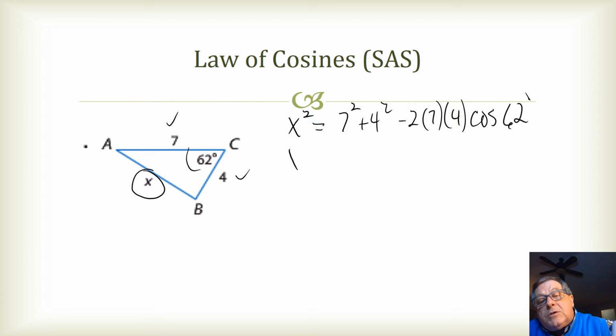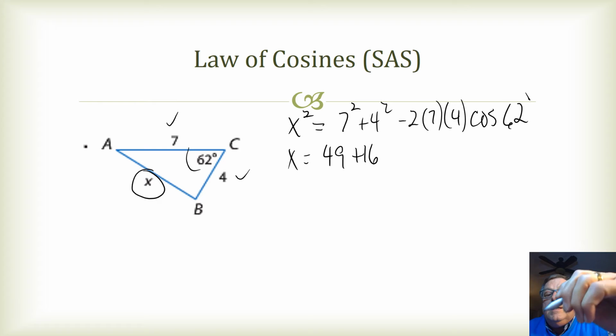So let's see then, x squared is equal to 7 squared, which is 49, plus 4 squared, which is 16. Negative 2 times 7 is negative 14 times 4, that's negative 56 times the cosine of 62. And that's negative 26.2904.